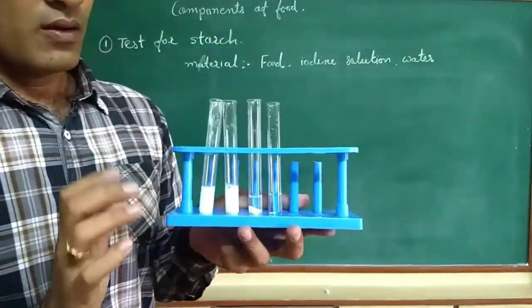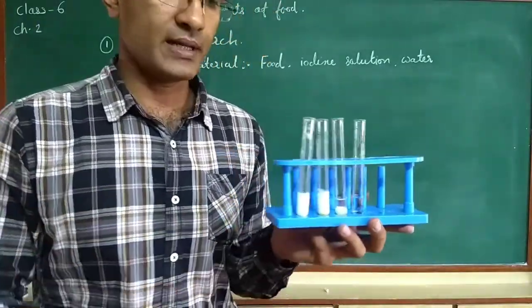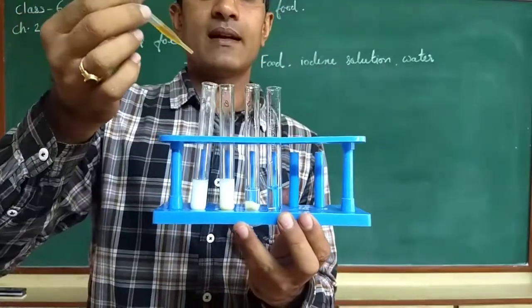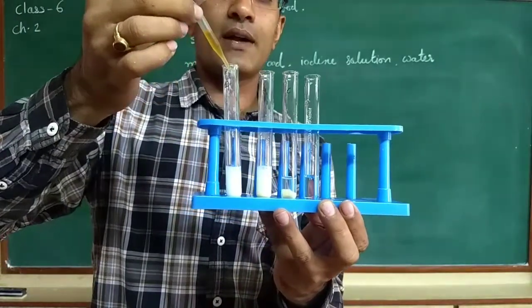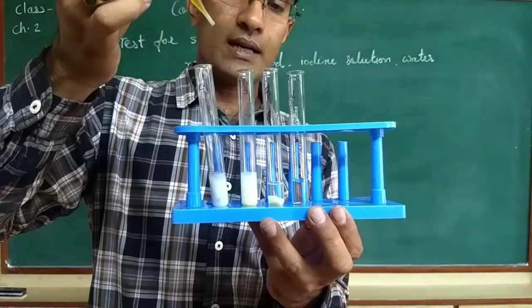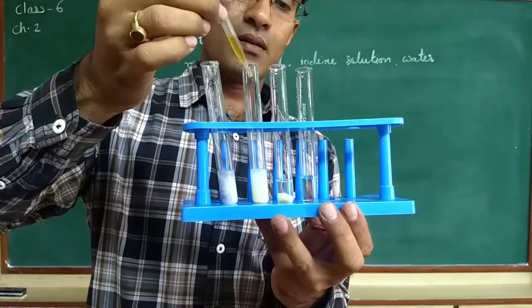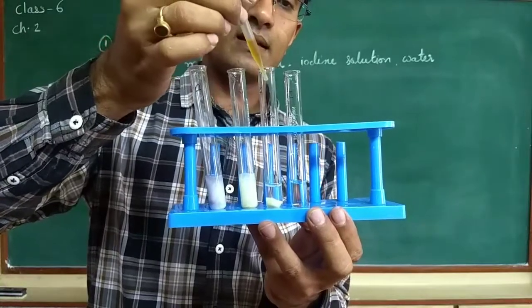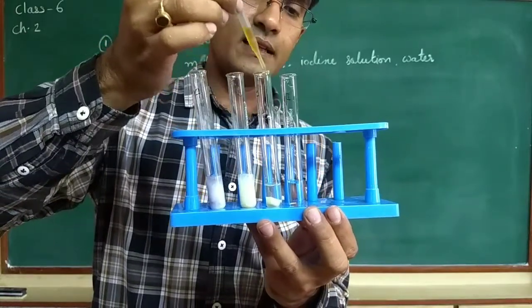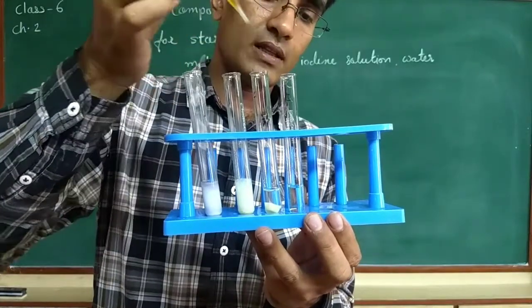Now we need to add a drop of iodine. I will add a drop of iodine solution into each sample: one drop in this, one in this, one in this and one into this.